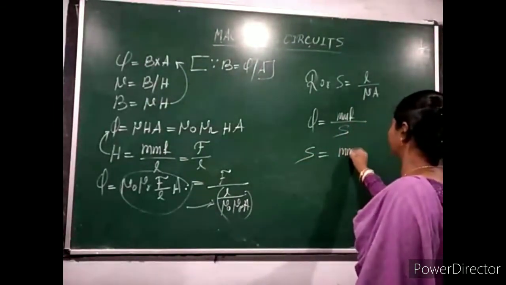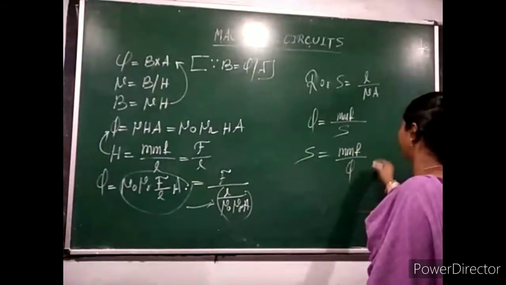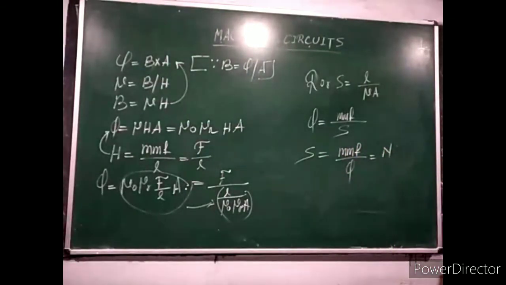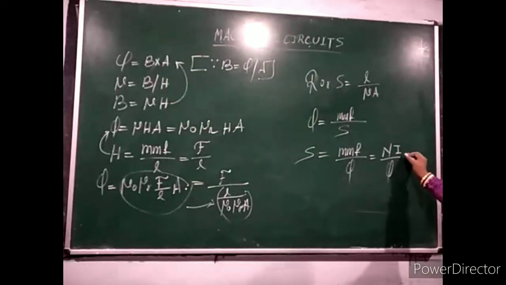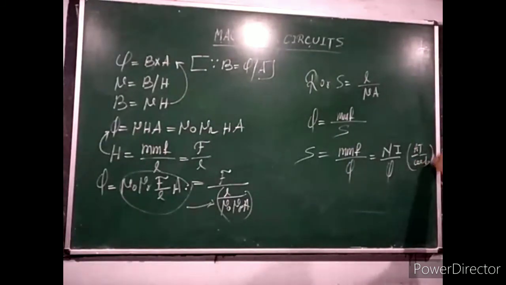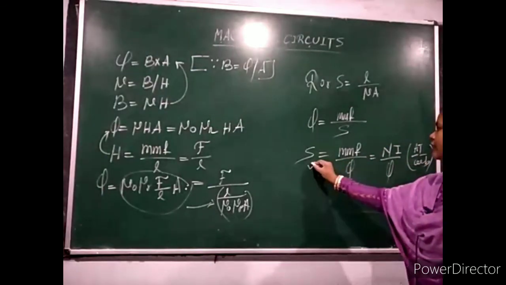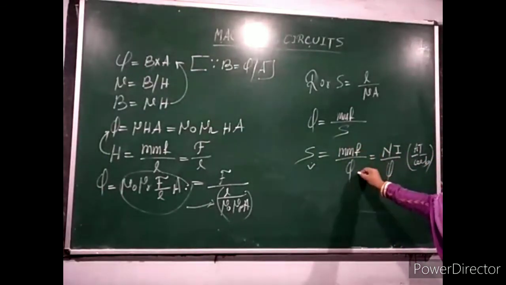So reluctance is mmf by flux. What is mmf? Number of turns into current. So the unit of reluctance is ampere turn per Weber. Now you are very clear why the unit of reluctance is ampere turn per Weber, and this relation shows the relationship between reluctance, mmf and flux.